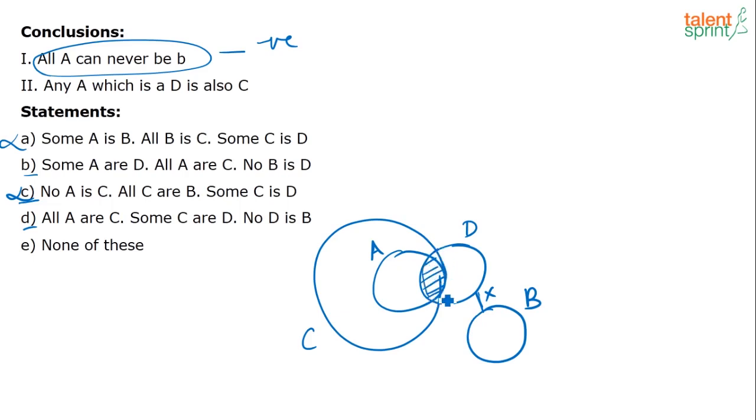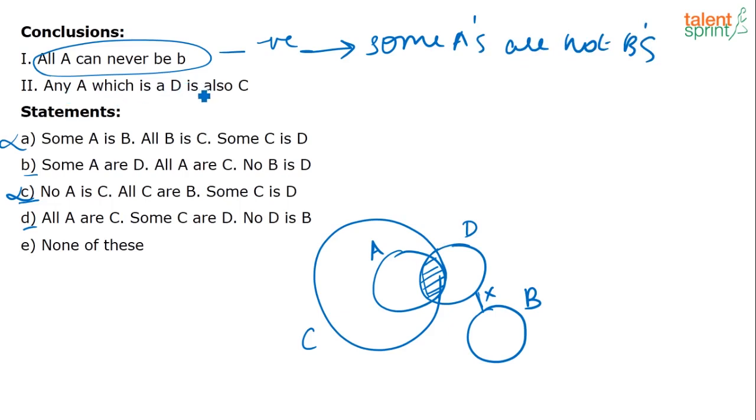All the A's which are D will definitely not be B's. So all A's will never be B's. Or what this means is some A's are not B's for sure. That is, all the A's which are D's are not B's. So that is what this conclusion 1 means. See, conclusion 1 actually means some A's are not B's. Correct? So that is satisfied in this figure here.